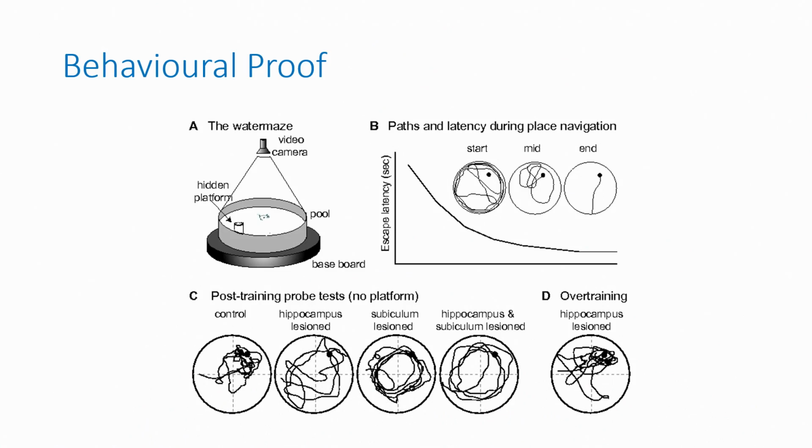This is called a water maze task. The water maze experiment involves taking an animal, a rodent here, and putting it inside a big pool of water, a big tub filled with water, and you place the animal inside the tub.